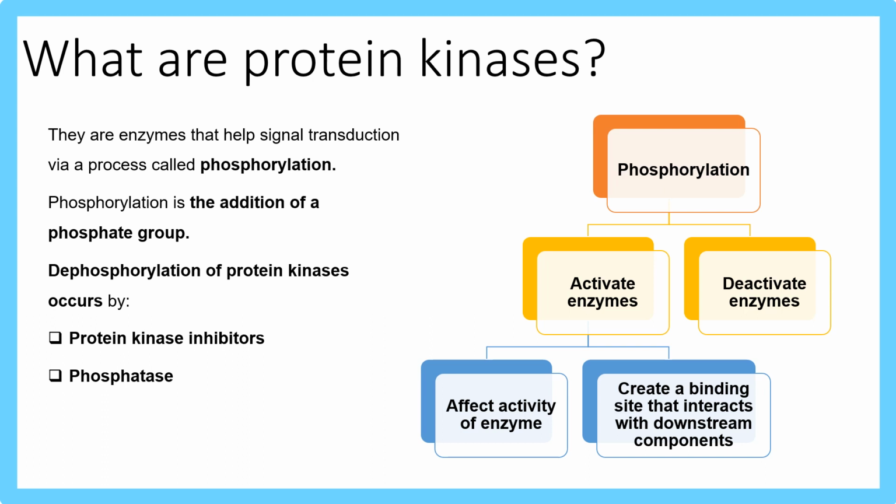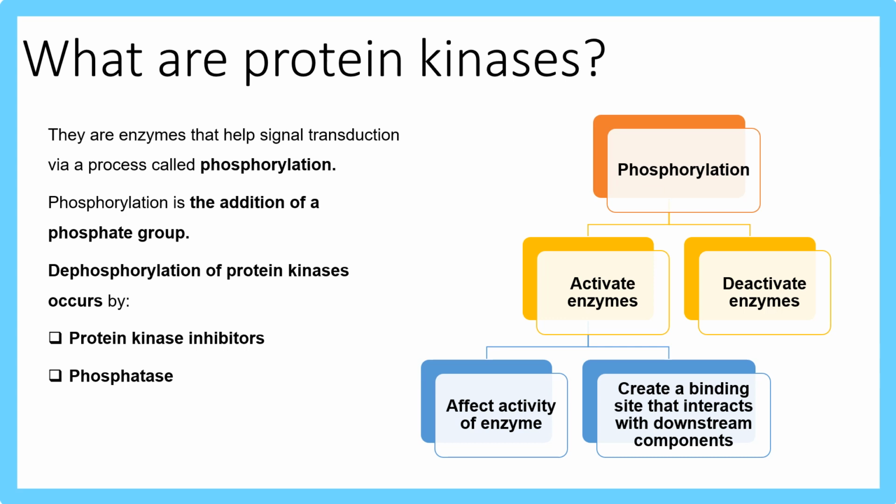So phosphorylation is when you add a phosphate group, and dephosphorylation is the opposite, and when you want to dephosphorylate, this can be achieved by protein kinase inhibitors or another enzyme called phosphatase.